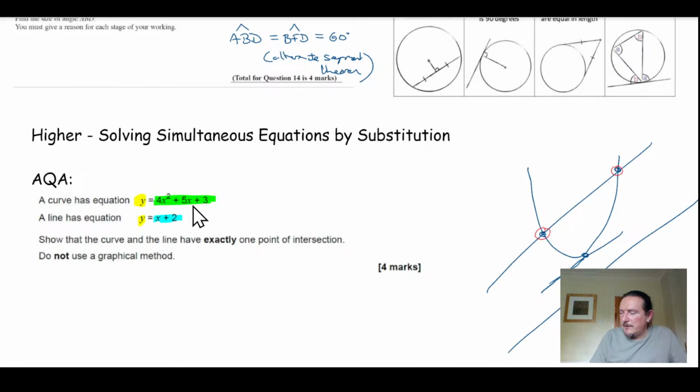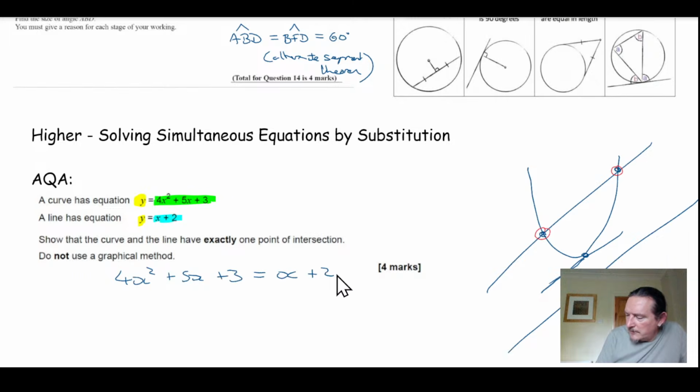So if y is equal to that and y is equal to this, then those two things must be equal to each other, mustn't they? So if y equals y, 4x squared plus 5x plus 3 must be equal to x plus 2. They're both equal to y, so they're equal to each other. So we can say that 4x squared plus 5x plus 3 is equal to x plus 2.